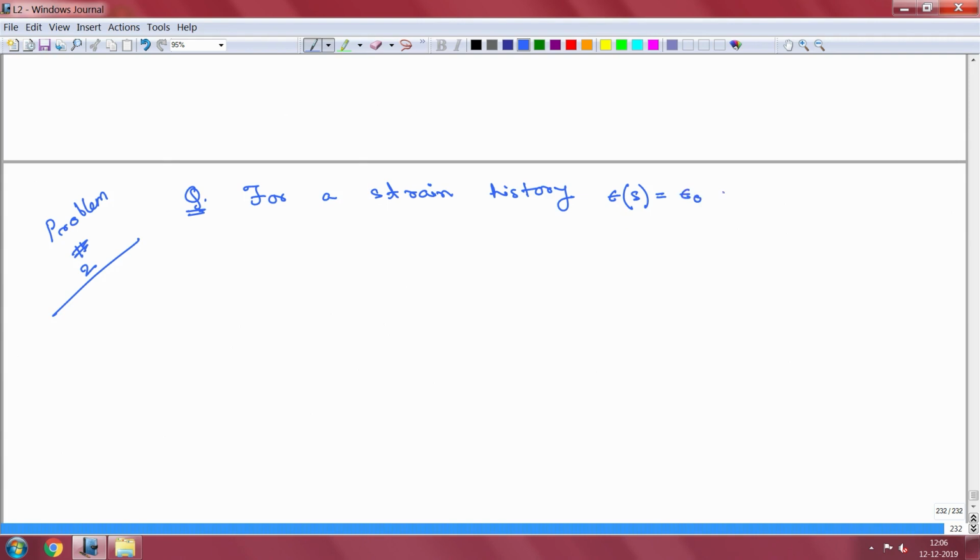So we have epsilon naught into sine omega s. So we have a sinusoidally varying strain. And the question is, for this given strain history, calculate the work done per cycle.